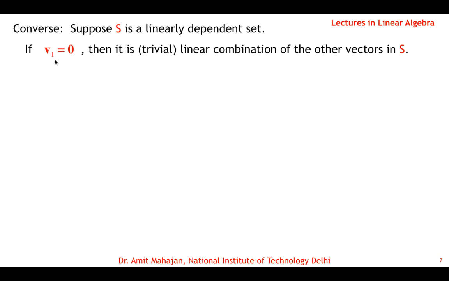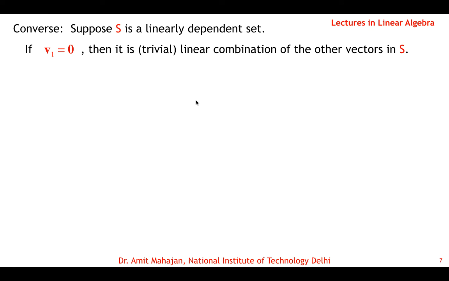Because we can now write c1 v1 plus c2 v2 plus so on cp vp equal to 0 with c1 non-zero, since v1 is 0, so c1 v1 with c1 non-zero can easily satisfy the equation. So definitely it is a linear combination.